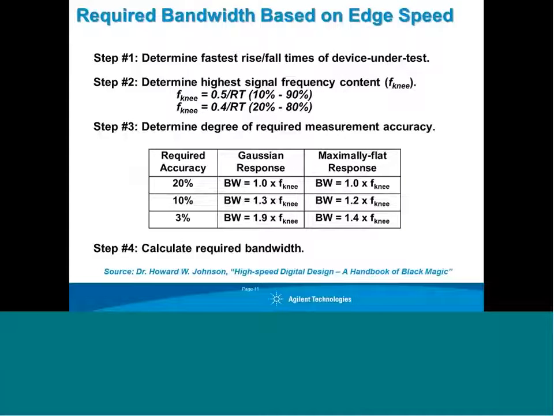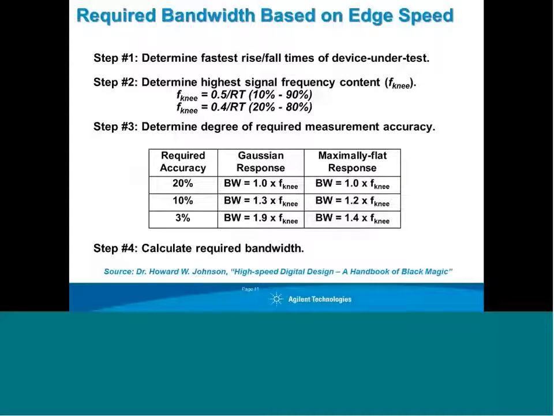Then the knee frequency would be 0.5 divided by rise time. That's the maximum practical frequency within that signal, based purely on the rise time of the signal, not on the clock rate.